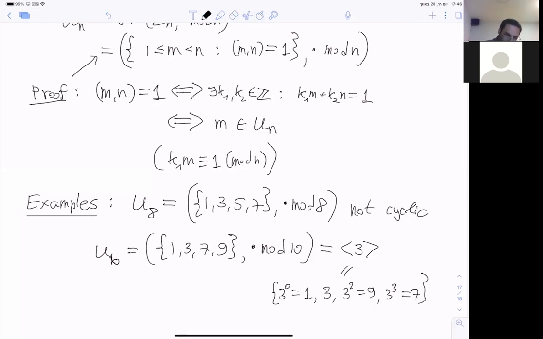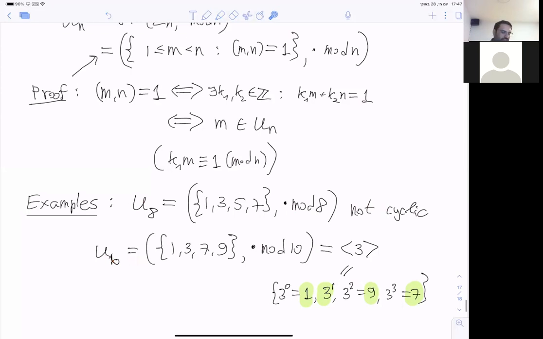So you see, I was able to express all the elements by powers of the same 3. So this is a cyclic group, while the other one is not. But these two are Euler groups: this is U8 and this is U10.